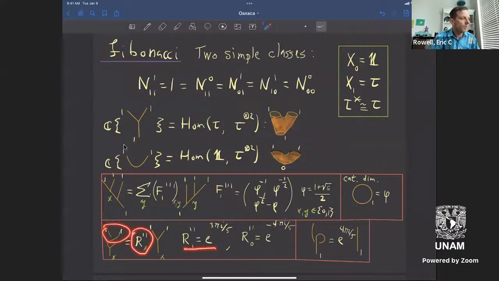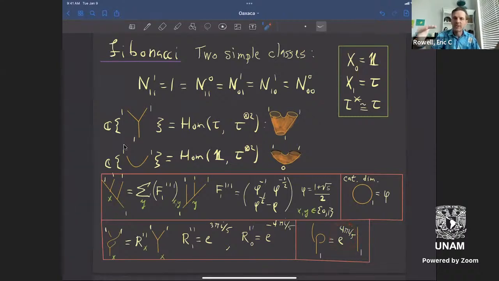In this case, they're all 1 by 1, not much happening. But you can see here that they happen to be roots of unity, 5th roots of unity. Or maybe here that's a 10th root of unity. The twist, there's only one twist that we have to think about. The twist on the trivial object is always 1. And so we have this value here.